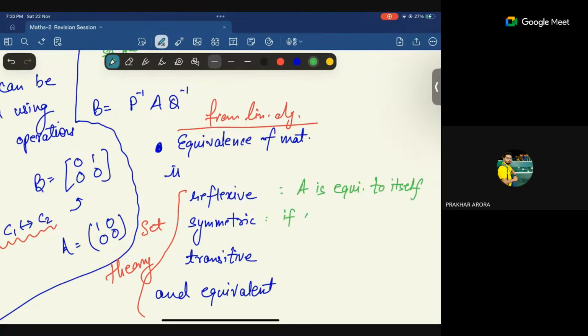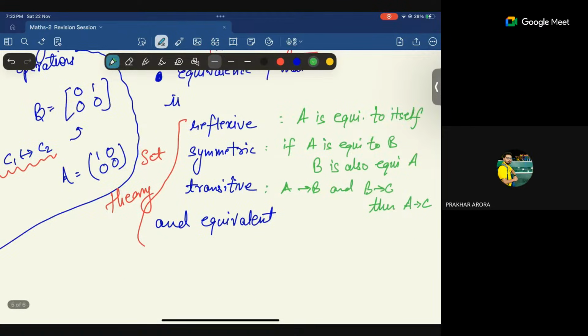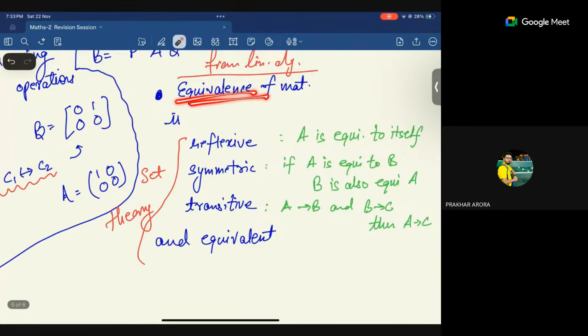Symmetric means if A is equivalent to B, then B is also equivalent to A. A transitive relation is if A is equivalent to B and B is equivalent to C, then A is equivalent to C. And what is the equivalent here? Please don't be confused. This is a different equivalence.